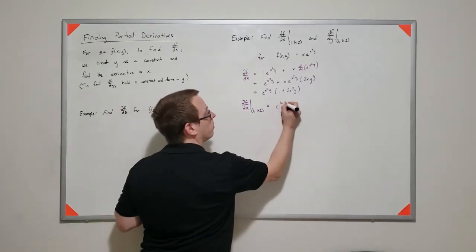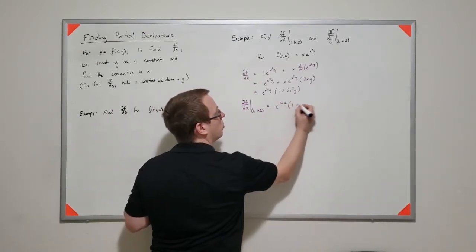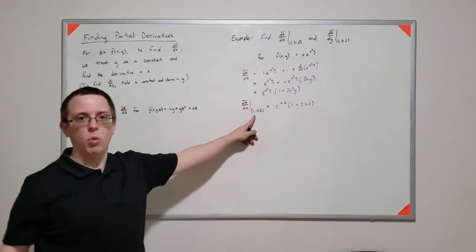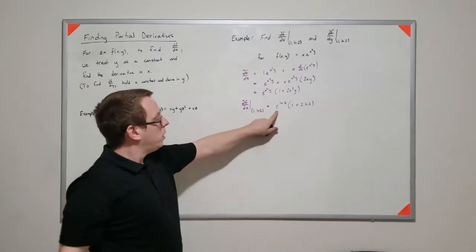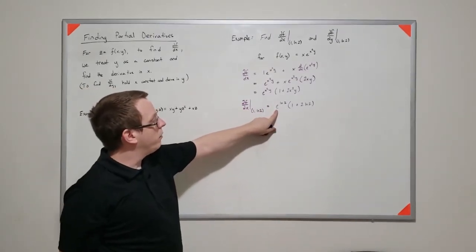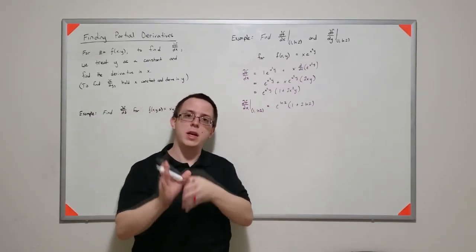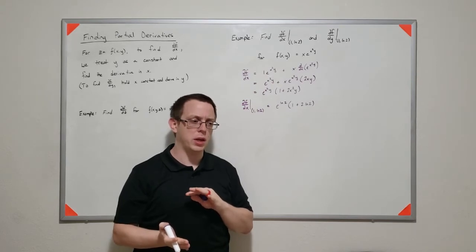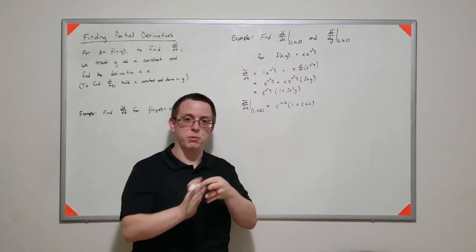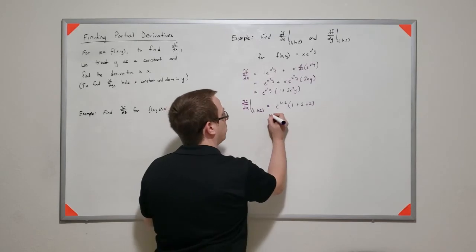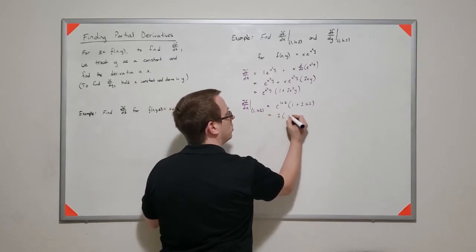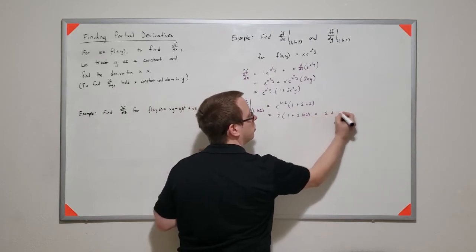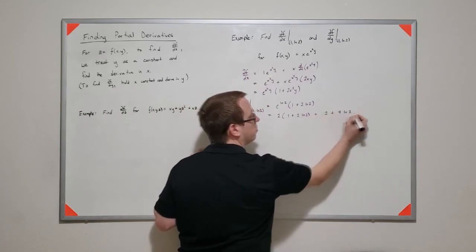That's going to be natural log of 2, times 1 plus 2 natural log of 2. Again, 1 squared is just 1. So we have e to the natural log of 2. Now recall that e and the natural log are inverse functions, so e to the natural log of something is just that something, which gets us 2 times 1 plus 2 natural log 2, or 2 plus 4 natural log 2.